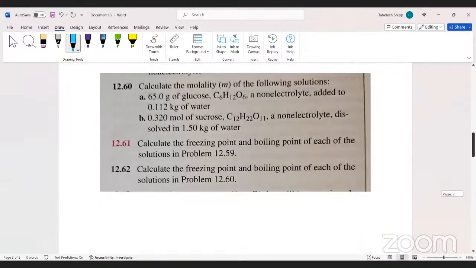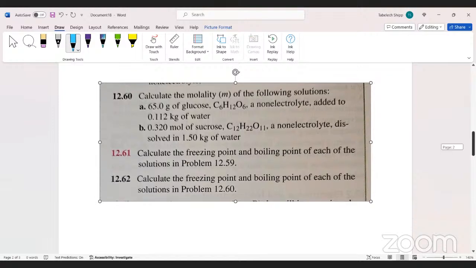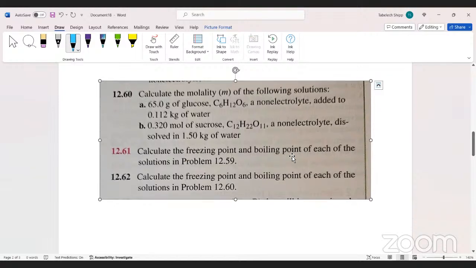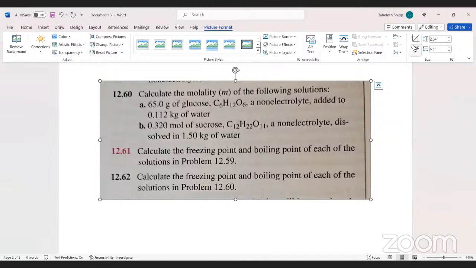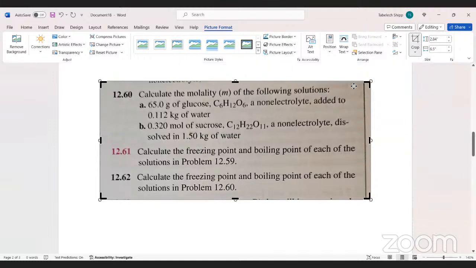With molality, you only need to do what? Let me crop this page out so that we're only focusing on problem 12.60. So let me go ahead and crop this one out to make it a little bit easier.